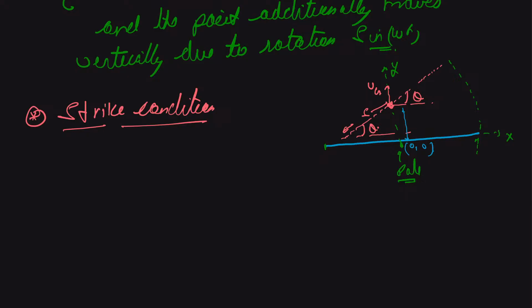Let me write it here. So we said that the pole P is fixed, and that fixed is our 0, 0. So if any of this stick is going to touch this pole, that particular point will be having the coordinate for a fraction of a second equal to 0.